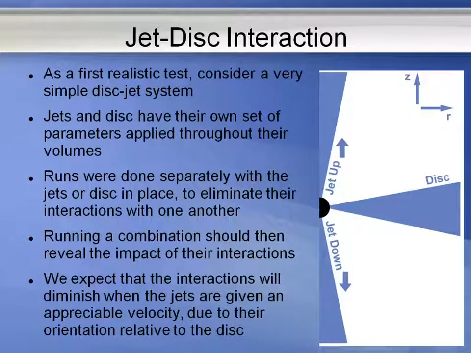For this situation, I wanted to do a very quick, simple test. What I have shown here is essentially a one-zone disk and a two-zone jet model. I've asked myself, if I put this system together, what impact will the jet have on the disk and vice versa? That is, what reprocessing will be done by the jet of the disk's photons and by the disk of the jet's photons.